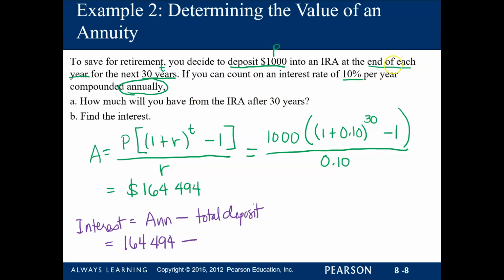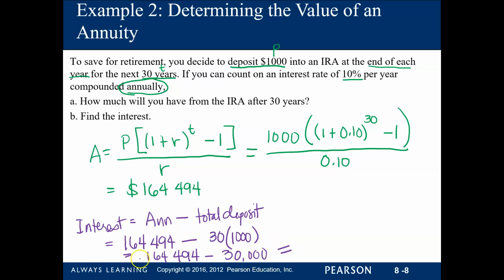Because you were depositing at the end of each year, so you made 30 deposits of $1,000. Now, this is where the beauty of saving with an annuity works. So you would see that this is going to be 494 minus 30 times 1,000. You actually just deposited a total of 30,000.